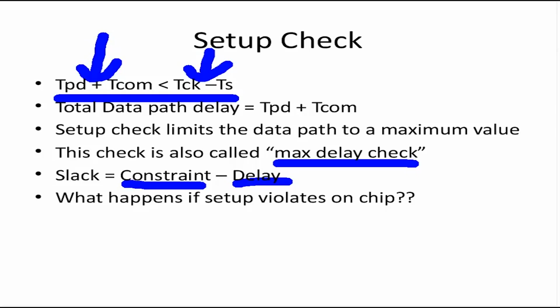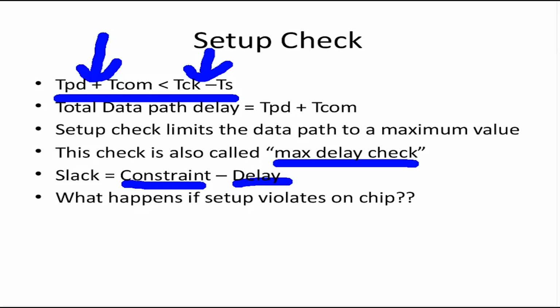Are they different chips? No, they are the same chips. It does not mean that STA was not done properly, but due to process variation, some of the slower chips don't meet 3.2 GHz, but they meet 2.8 GHz. Good, we can sell them for less, right? So the chip still works in case of setup violation, but at a lower frequency.